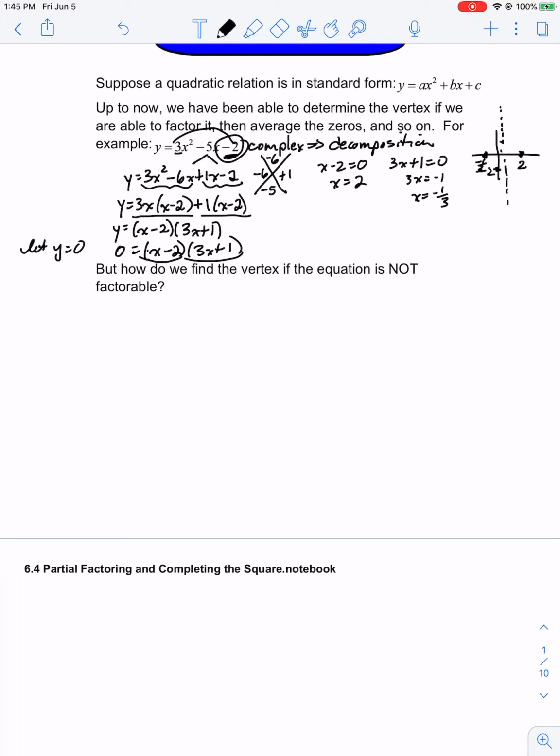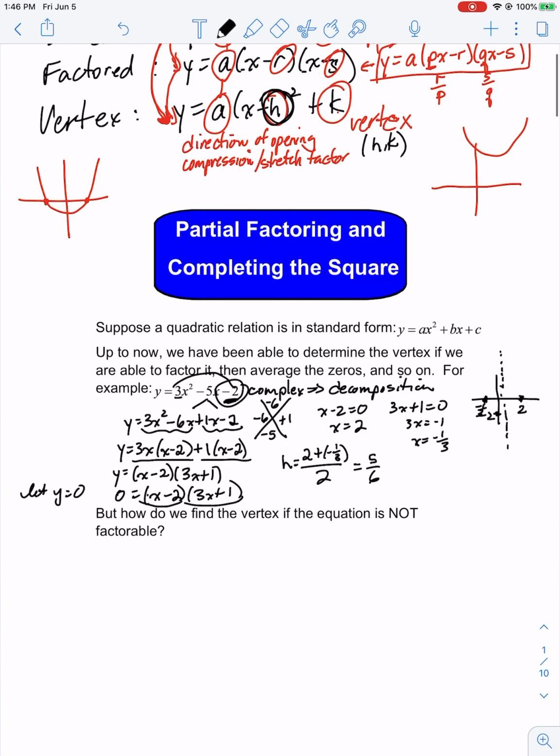What is the x coordinate of the vertex? So h will equal 2 plus negative 1/3 divided by 2. That's an average. Add them up and divide by 2. And I'll let you do the math, but I believe that this turns out to be 5/6.